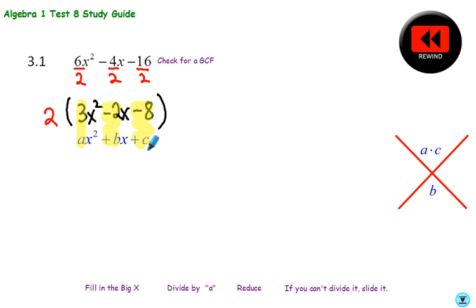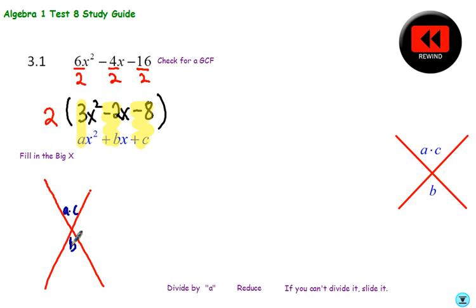Well, let me go ahead and we're going to fill this out. And you'll notice that when we fill in the big X, A times C is what goes on the top. And just out of habit, just to remind yourself that's where it comes from, I think it's a good idea to go ahead and write in A times C. And then B is the number that goes on the bottom there.